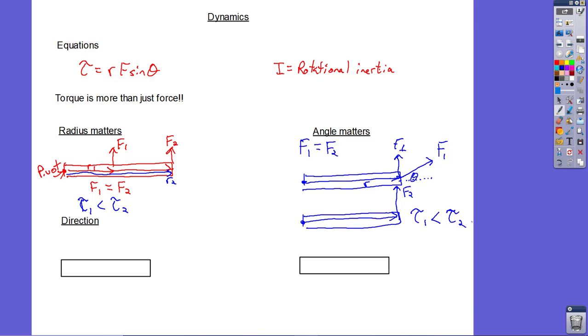And the way we generally specify the torque is that we say that clockwise torque is negative torque, and counterclockwise is positive torque.